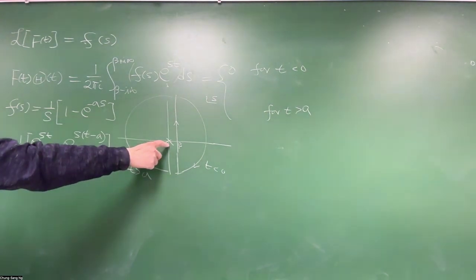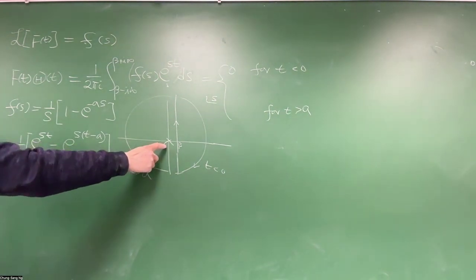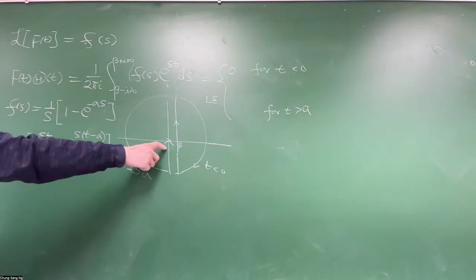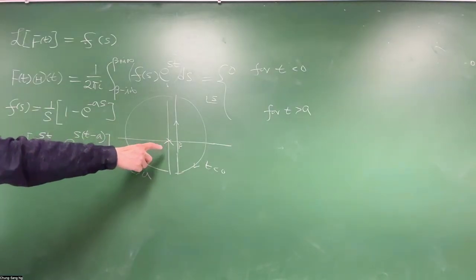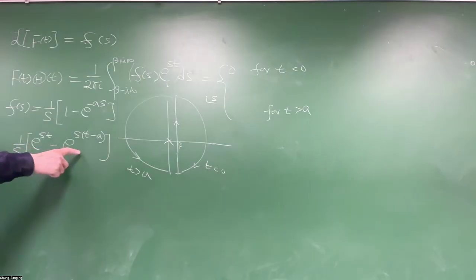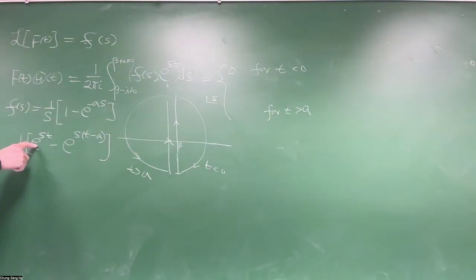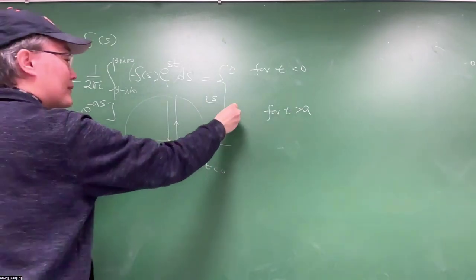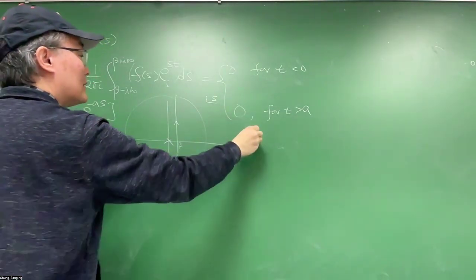You only calculate the residue at s equals 0. The integral will be the sum over residues. Actually, there's only one, at this pole. So you multiply by s and evaluate everything at s equals 0. For s equals 0, both terms are 1. So this is 1, this is 1. You subtract the two, and it becomes 0.